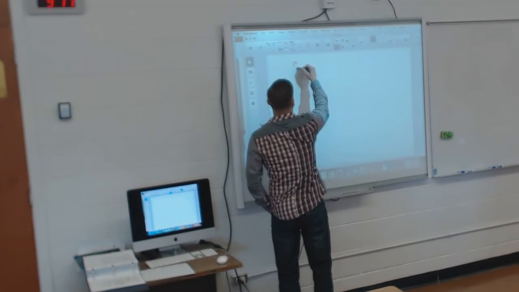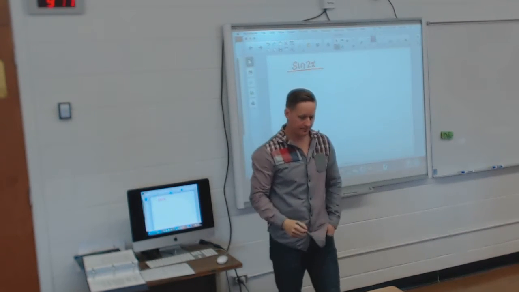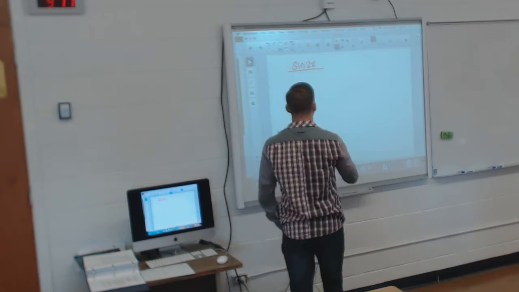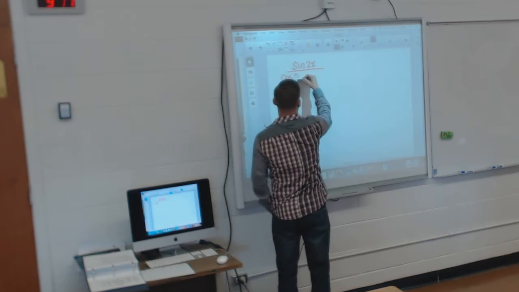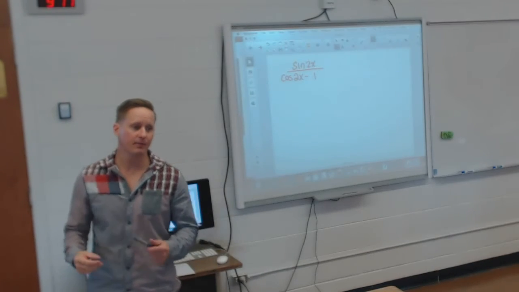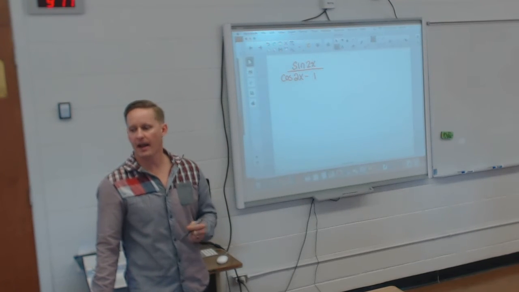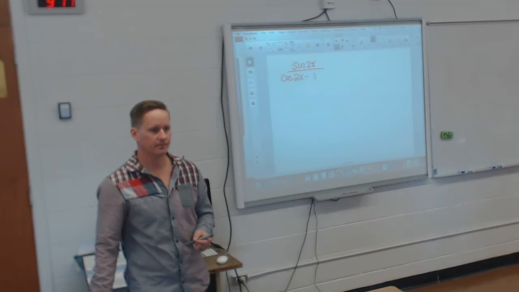Okay, so sine 2x over cos 2x subtract 1. And it wants us to simplify it. Alright, so simplifying means change it so that all the angles are in x and not double angles.